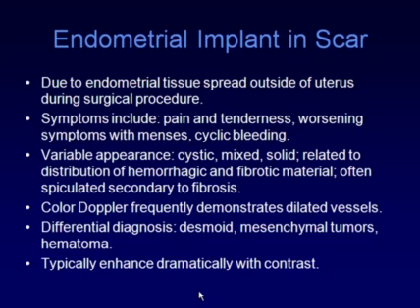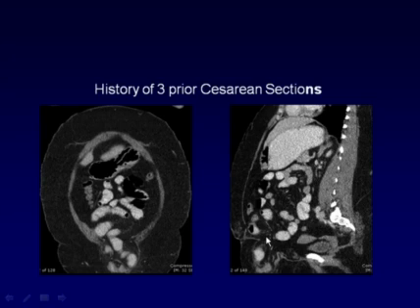Patients often have pain and tenderness that come with the cycle and with their menses. The appearance can be variable, but is typically relatively solid. There may be vasculature as well. There are fibrous tumors that can have a similar appearance, and these will usually enhance with contrast.